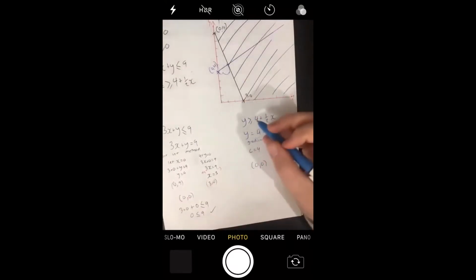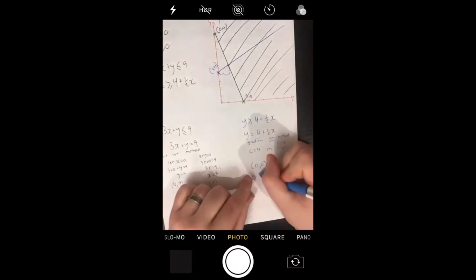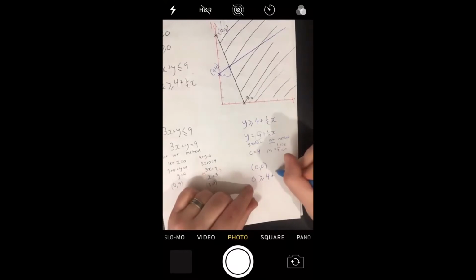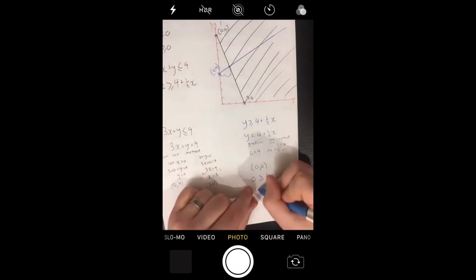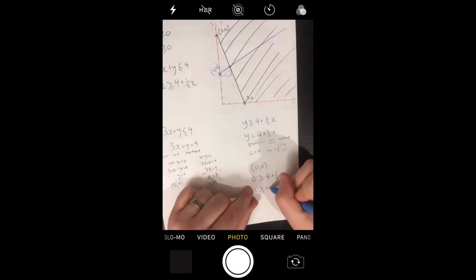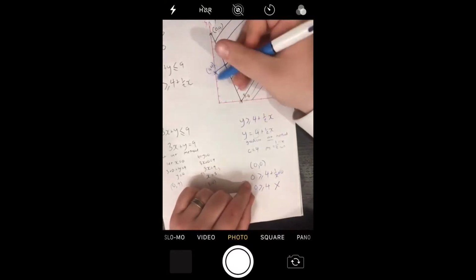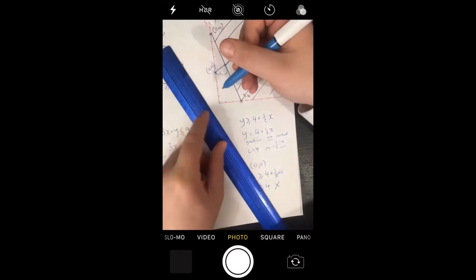How do we check? Well, we substitute in. 0 is greater than or equal to 4 plus a half times 0. A half times 0 is 0, so the question is, is 0 greater than or equal to 4? No, 0 is not greater than 4. So that means 0, 0 is in the dark side, so we shade it out.